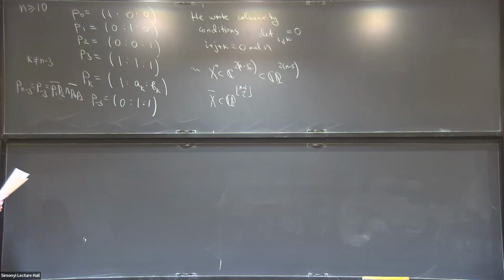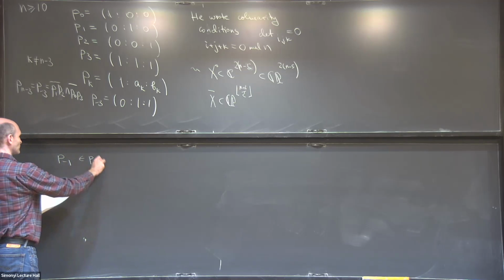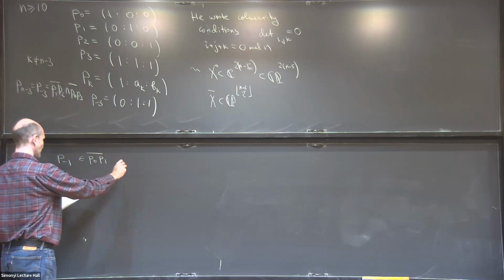All right. So how do you connect it to elliptic curves? And that's his work. Maybe I cleaned it up a little, but that's basically his work. So what you do is you look at p minus 1, same as p n minus 1. So p minus 1 lies in the line p0, p1.